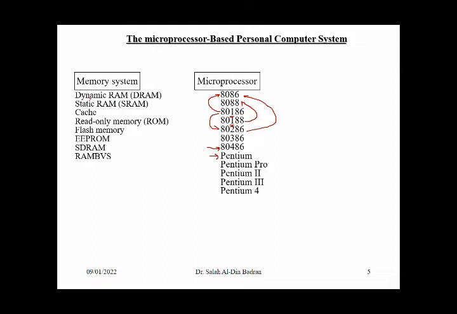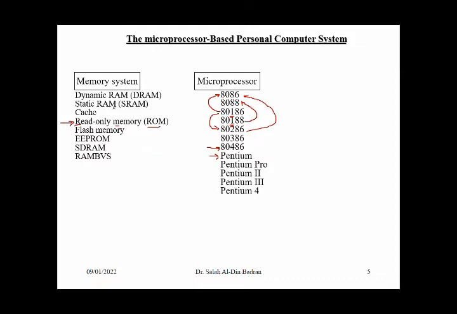With RAMs, we can write and read. With ROM, we can only read from this memory. It means we can take data from this memory, but we cannot write inside it. With RAM, we can read and we can write.